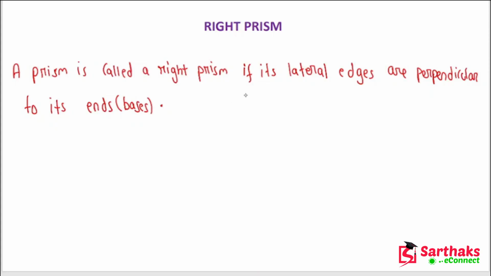So you can clearly see that lateral edges being perpendicular to the base simply means that the lateral face is also perpendicular. Then it will be called a right prism. Otherwise, as I already told you, it is said to be an oblique prism.